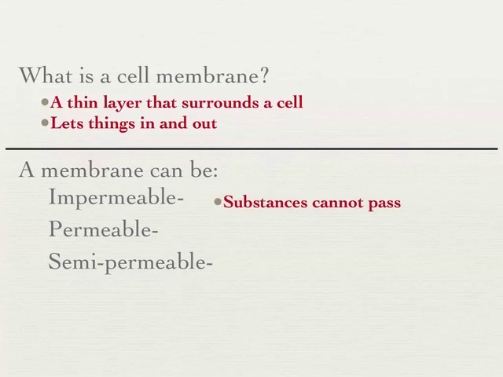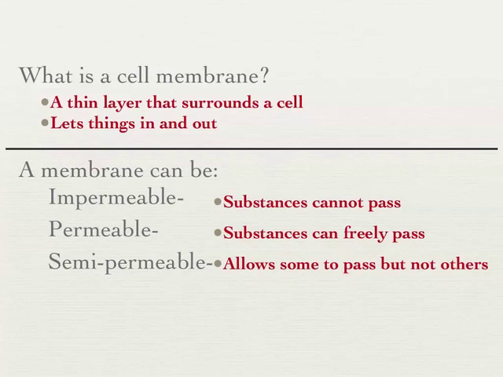Yeah, it means that substances cannot pass through. What do you think permeable means? Things go in and out. Yeah, that things can freely pass through. Leaving us with semi-permeable. Brandon? Only certain things can pass. That's right. Some things can pass through, but not others.